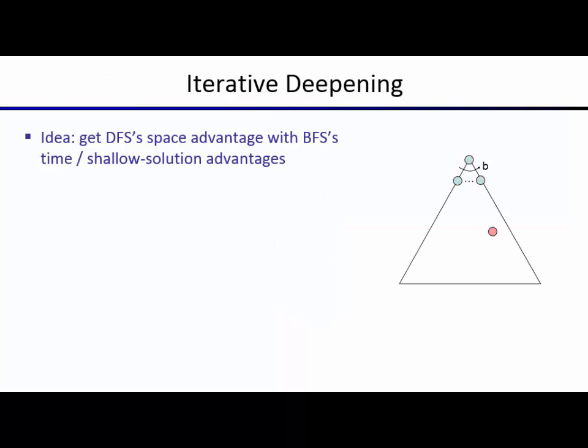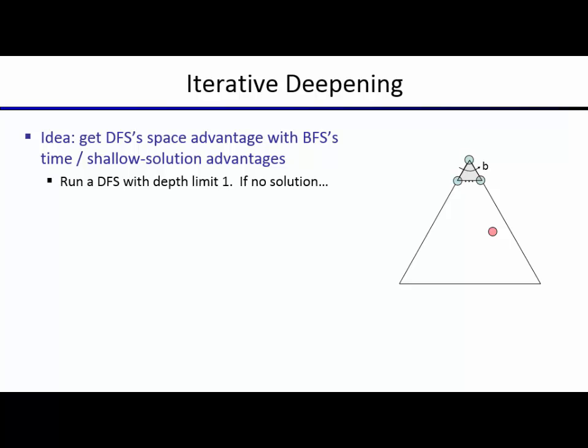And the idea here is that you effectively embed a depth first search inside the breadth first search. So how do you do that? You run a depth first search, but you don't search deeper than depth 1. If you found a solution, great. You return that solution.